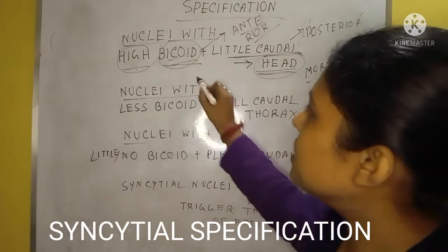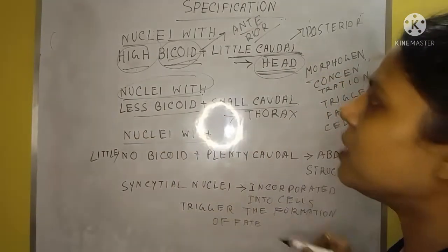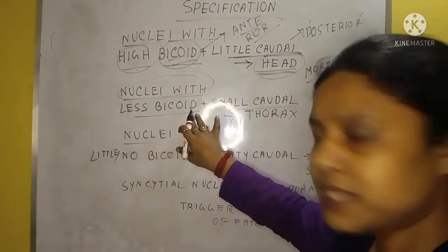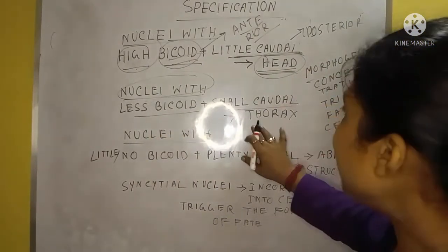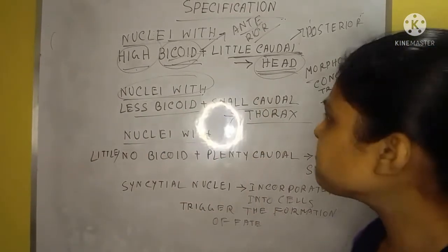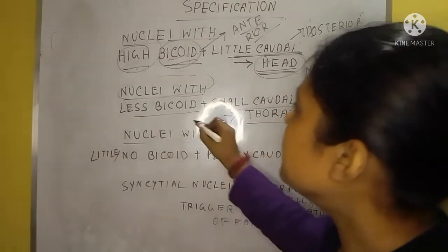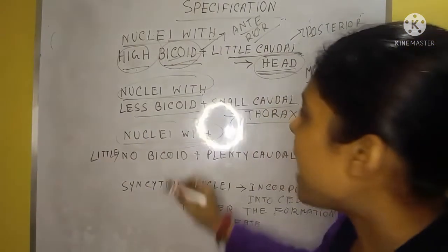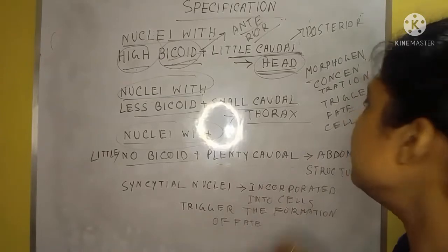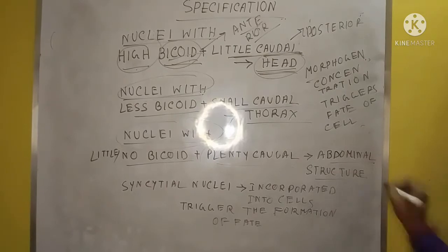In the second situation, the cells containing nuclei with less bicoid and small caudal help to trigger the cells to form the thorax. In the last case, the posterior portion, the nuclei are present with no bicoid and plenty of caudal, which helps to produce the abdominal structure.